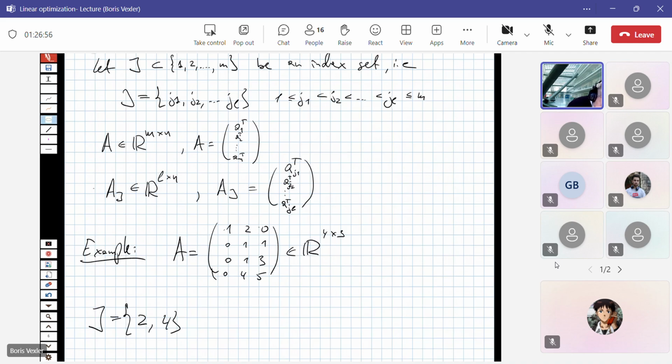It means that we are interested in the second and the fourth row here, and therefore AJ will be 0, 1, 1 and 0, 4, 5, and it will be a matrix in R 2 times 3. Clear the notation?